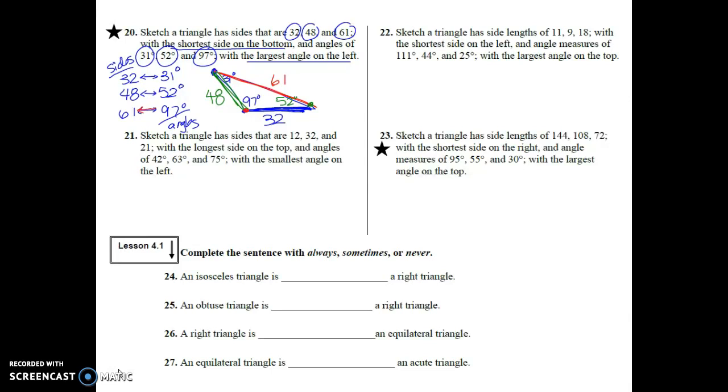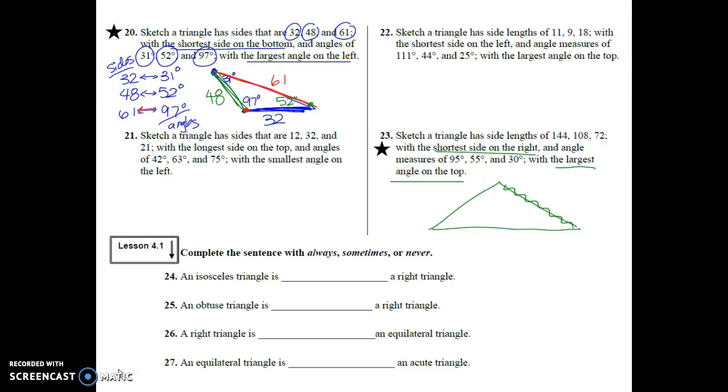I just want to make a quick sketch of 23, just so that we get the right diagram. It says that it has to have the shortest side on the right and the largest angle on the top. So when we draw that, the largest angle will be at the top and the shortest side will be on the right.